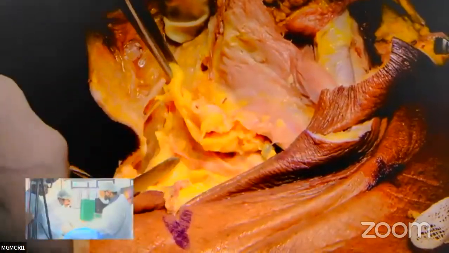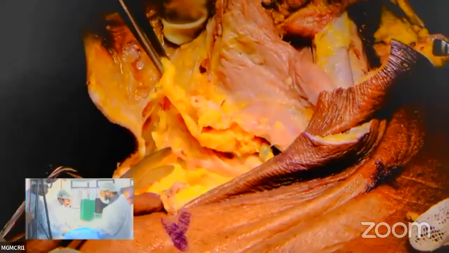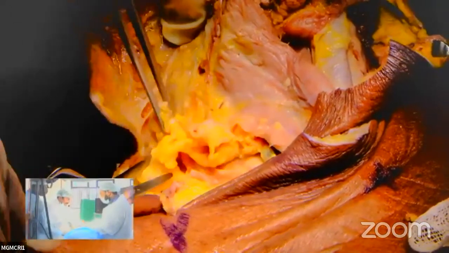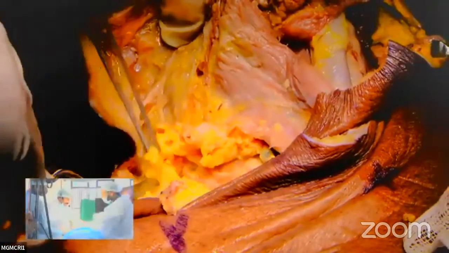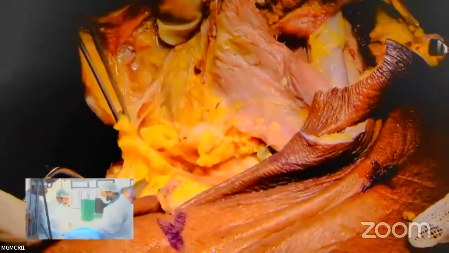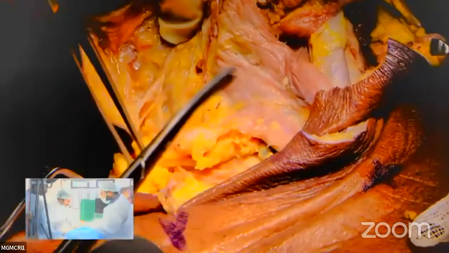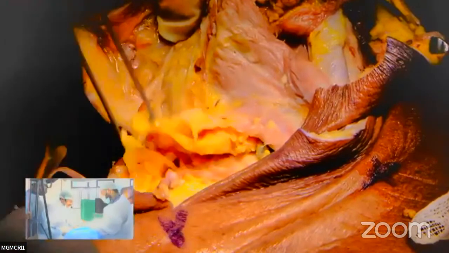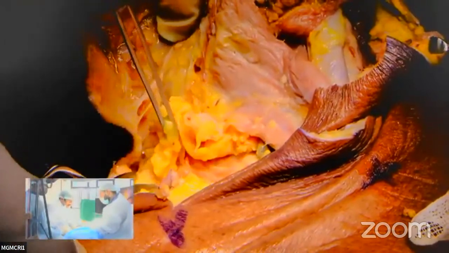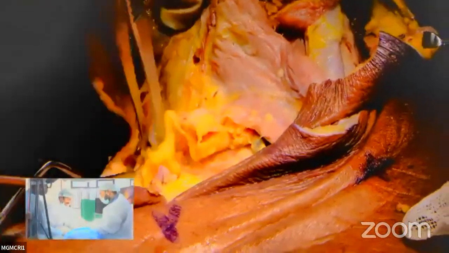These are all the ascending branches of transverse cervical. You have to clip it and cut it. This would be supraclavicular fat, whichever is below the spinal accessory, which is below the transverse cervical, you need not remove it. Whichever is in between the transverse cervical and spinal accessory, that needs to come out.